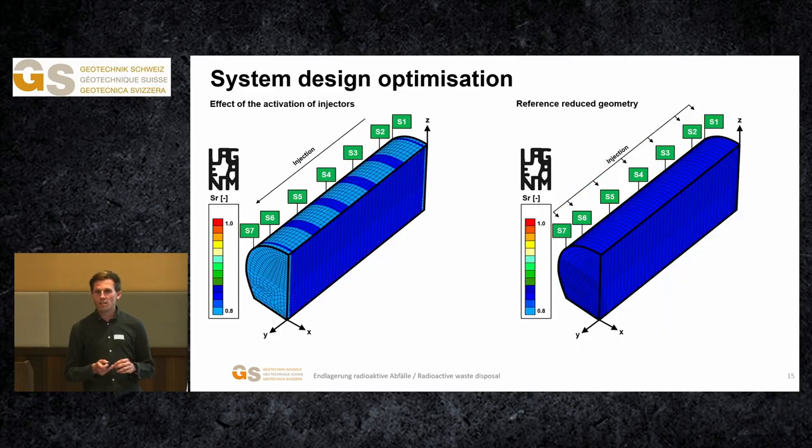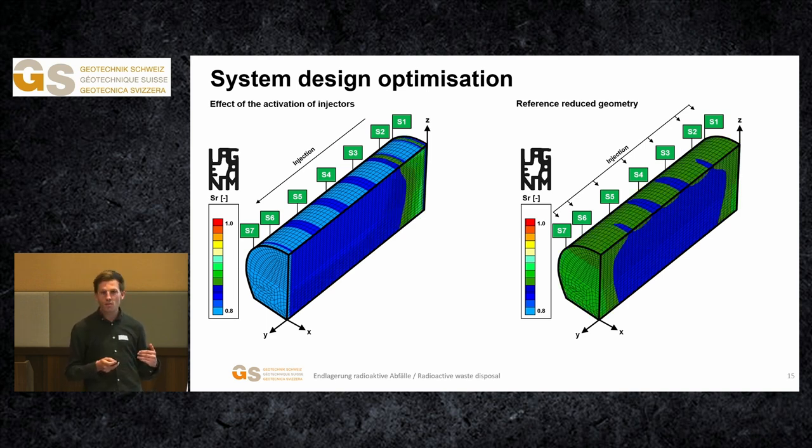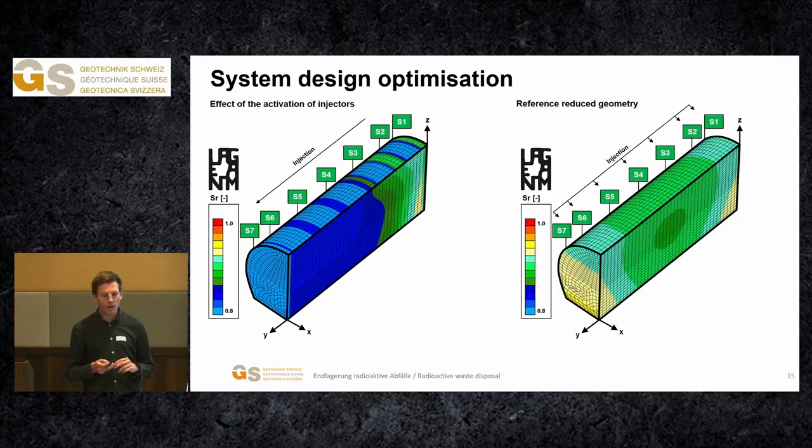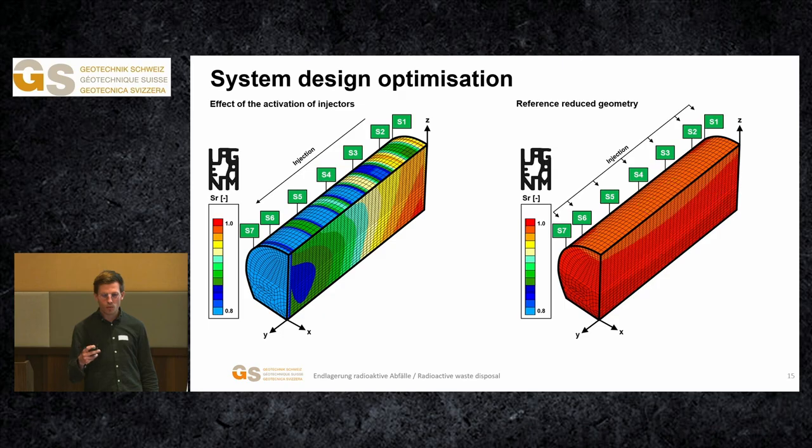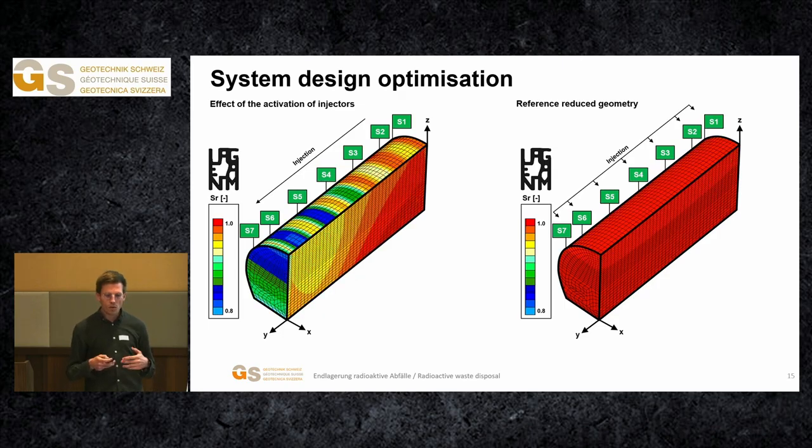And finally, the effect of the activation strategy can be investigated with respect to the reference reduced geometry. For this case, we will switch from a simultaneous injection of the injectors to a stage-wise injection of the injectors. For this updated configuration, we can see that the progressive resaturation of the backfill occurs from the upstream side to the downstream side through the propagation of a water front, leading to a full resaturation of the backfill.